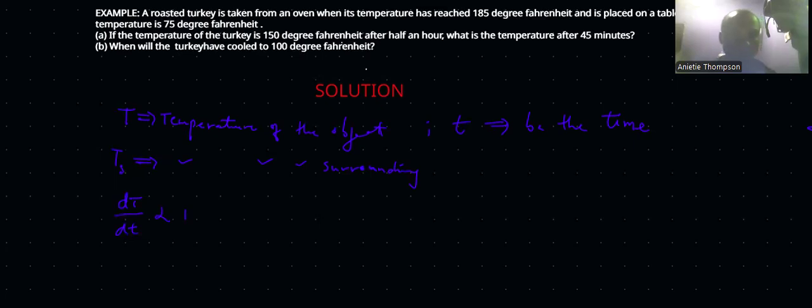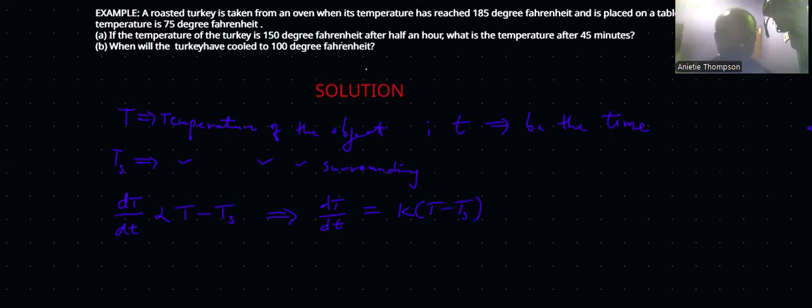This also implies that dT over dt is equal to K into T minus T subscript S. I'll talk about this later. So in this problem, once you know the value of K, off you go, the problem is halfway solved.